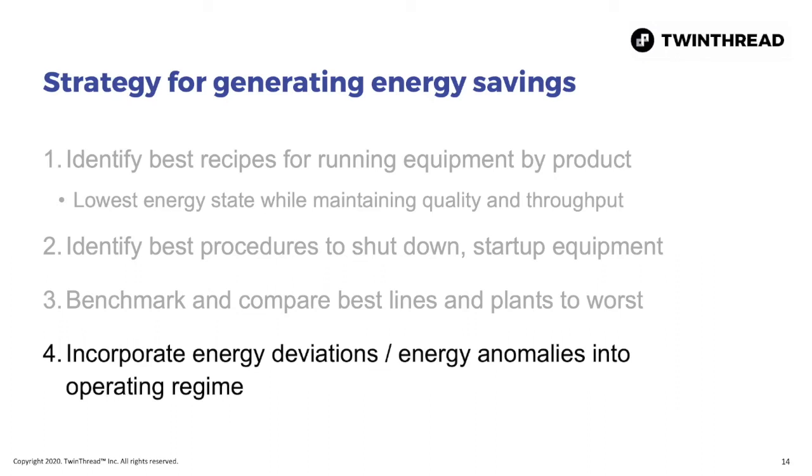It's really using the analytics to generate anomalies and alerts, and how those anomalies and alerts are dealt with is built into the operating regime, whether that be a daily production meeting to review yesterday's deviations in energy, or an actual real time alert in front of an operator that tells them they're running in a higher energy state right now, and these are the 3 reasons why, and committing to make the process adjustments to reduce energy.